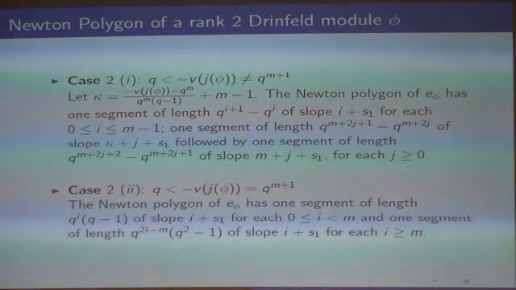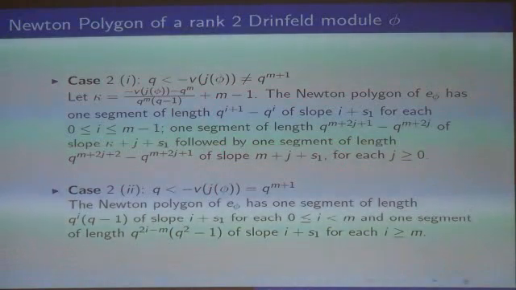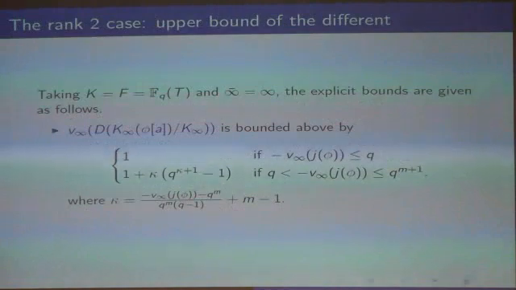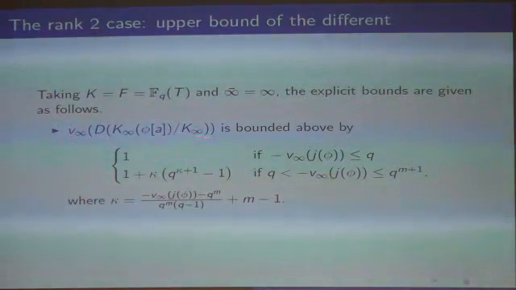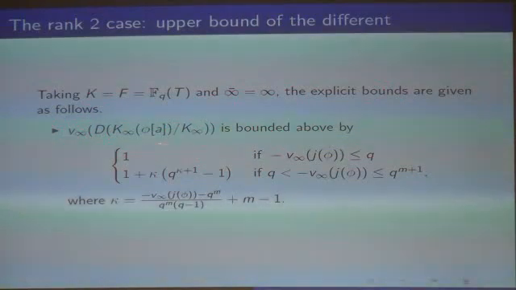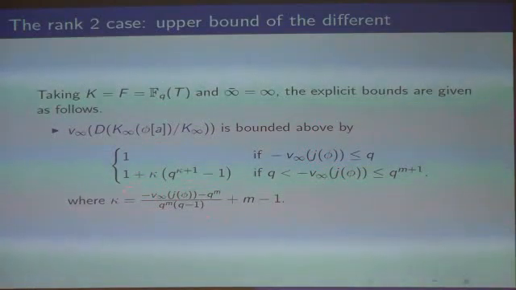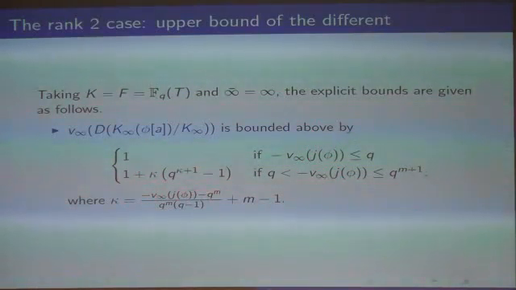The important thing is that depending on the condition, you know what it looks like. Then by using that information, it's possible to make this bound at the infinite place for the different divisor. Its bound is given by these values depending on your J invariant. Because if phi is given, your J invariant value is determined, so you know where you have to go. And kappa is also determined by your Drinfeld module.